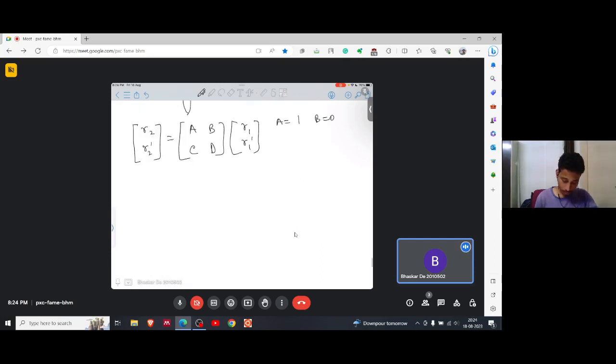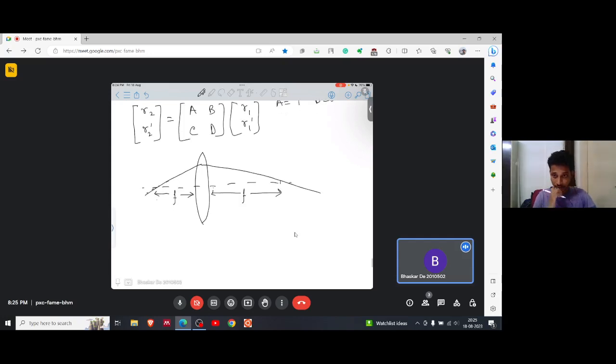So now if I draw the picture, this is a ray diagram for a thin lens.